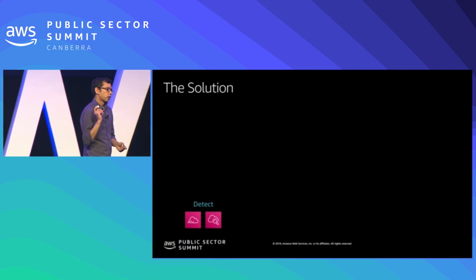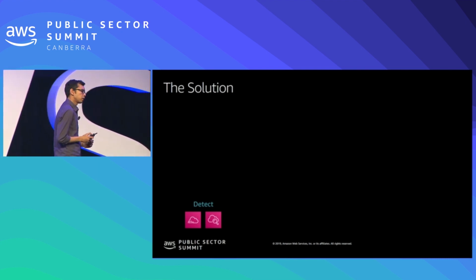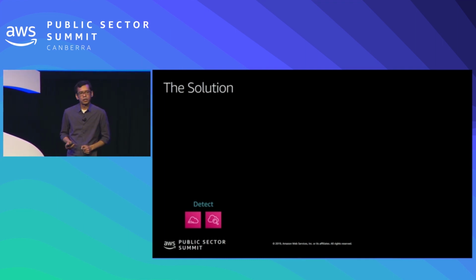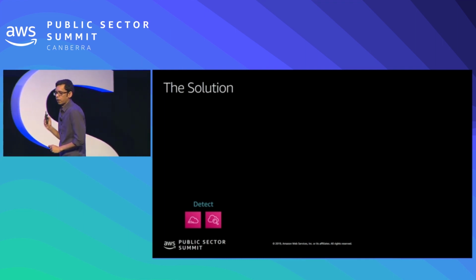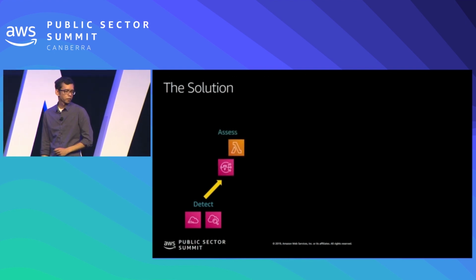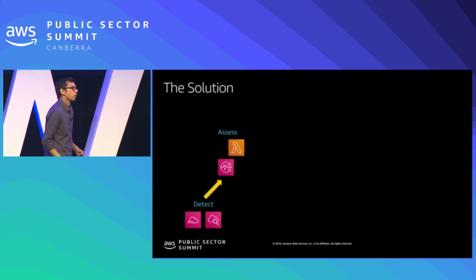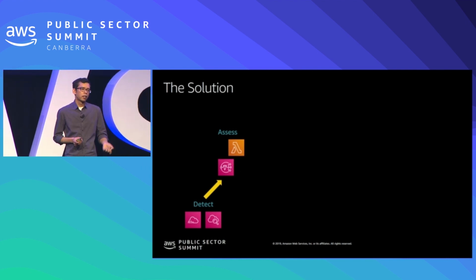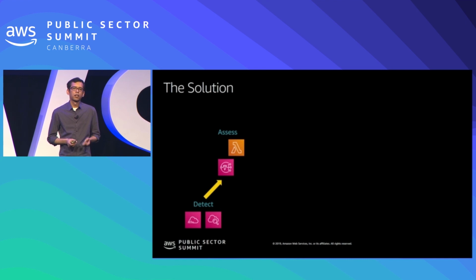For this case, whenever I click the Save button, the API call AuthorizeSecurityGroupIngress was generated, and CloudWatch Events generates an event for that. And that event gets forwarded to our assessment layer. In the assessment layer, we have a Lambda and an SNS topic. The event gets published to the SNS topic, and the Lambda is invoked through the SNS topic.